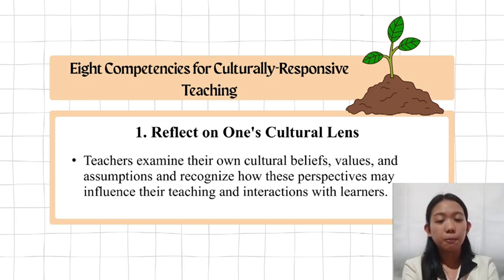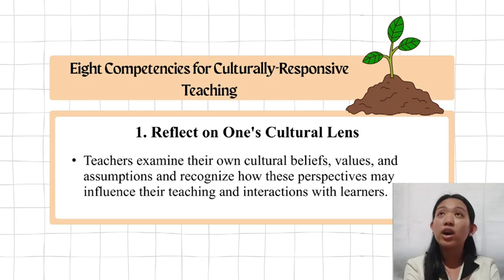For example, a teacher may see a quiet student as uninterested when the student may simply have a different communication style. Teachers must therefore recognize their assumptions and consider how this may influence their interactions with learners. This is important because culturally responsive teaching begins with self-awareness.